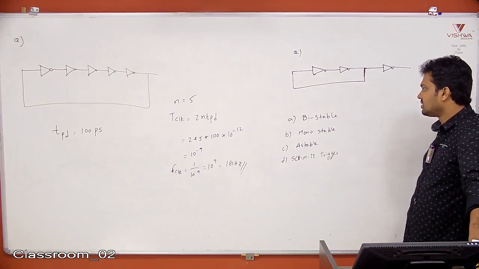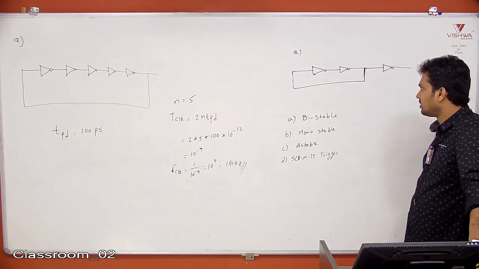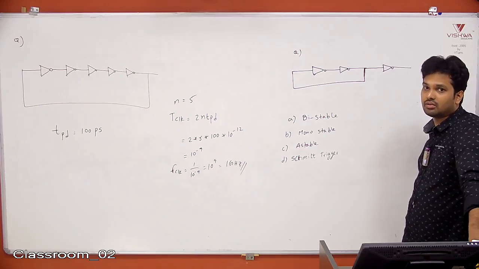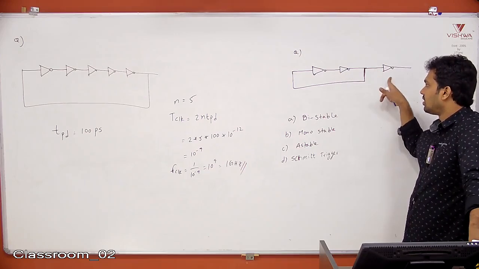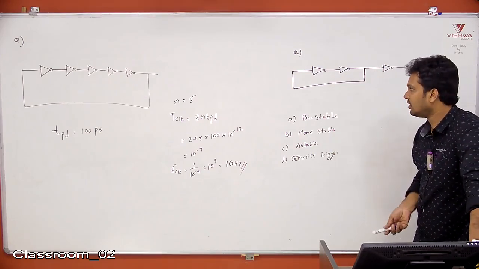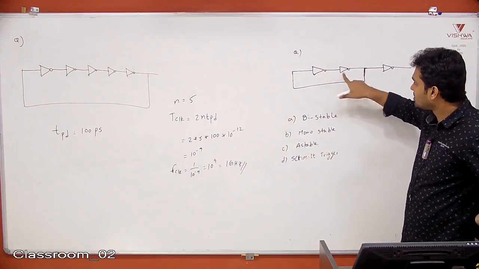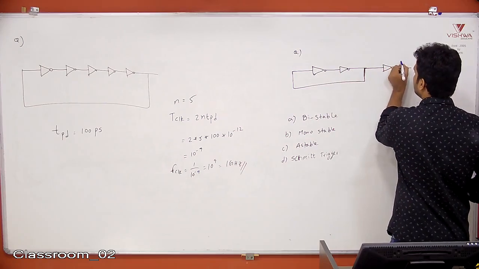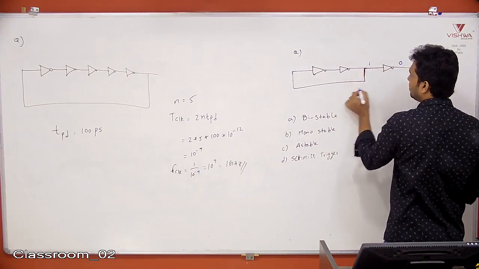See, each gate has some propagation delay here. Now you tell me, is N odd or even? 1, 2, 3. If you take odd, astable, but that is the wrong answer. Here, please understand, only the inverters in the loop we should consider. For example, if you have initially some 0 here, what will you have here? 1.